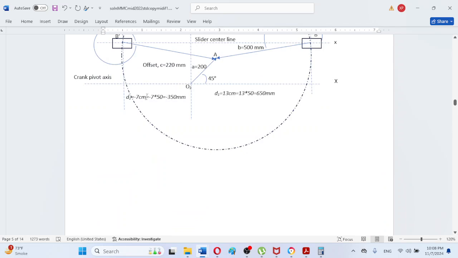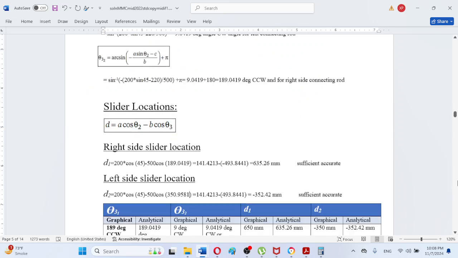The same logic applies here, that one or two marks can make this difference of 2 millimeters or 3 millimeters, so that is acceptable and 100% correct.